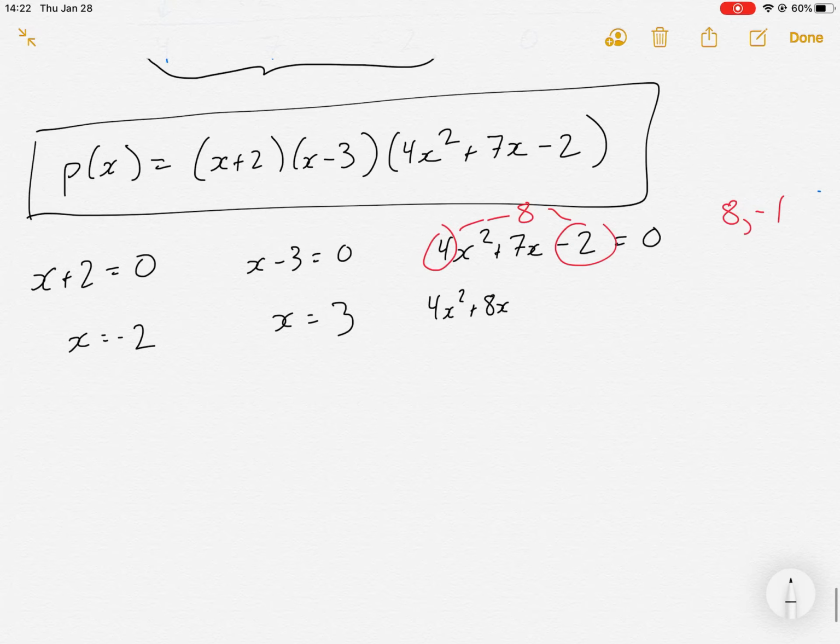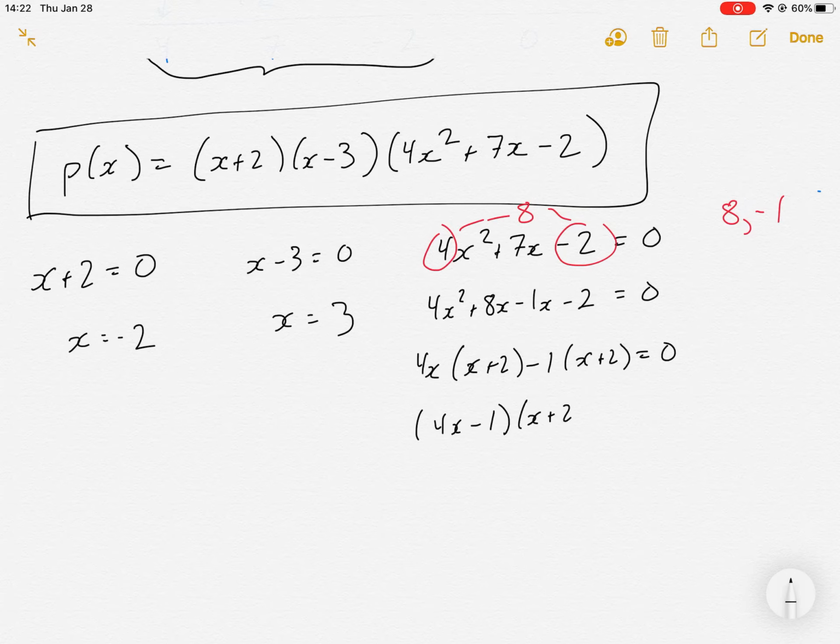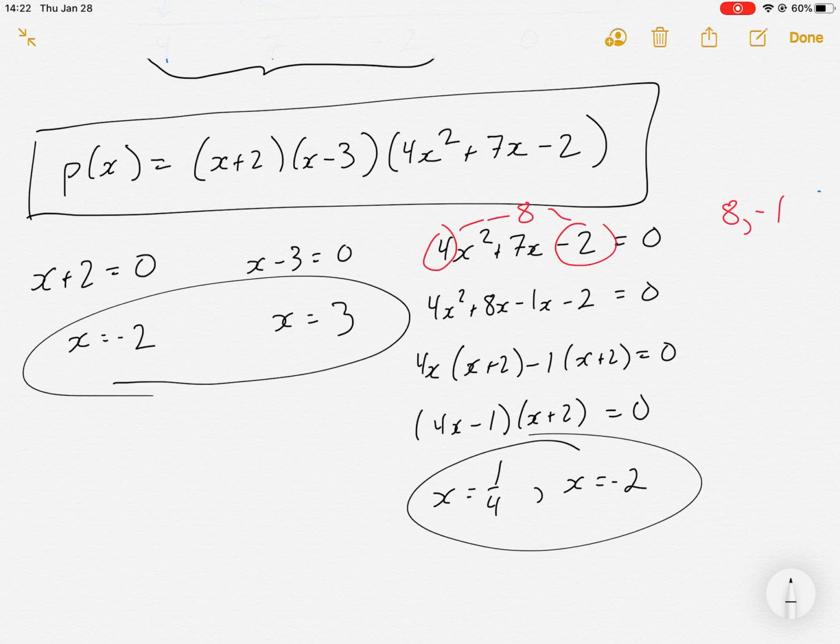So to fill in those details from before so you get a better feel for how this works, I'm going to rewrite it. Factor by grouping. And so then I end up with this in factored form. And so my final answers are these and these.